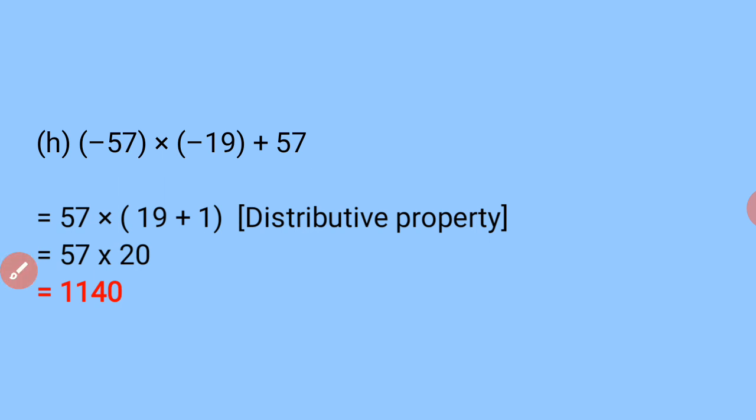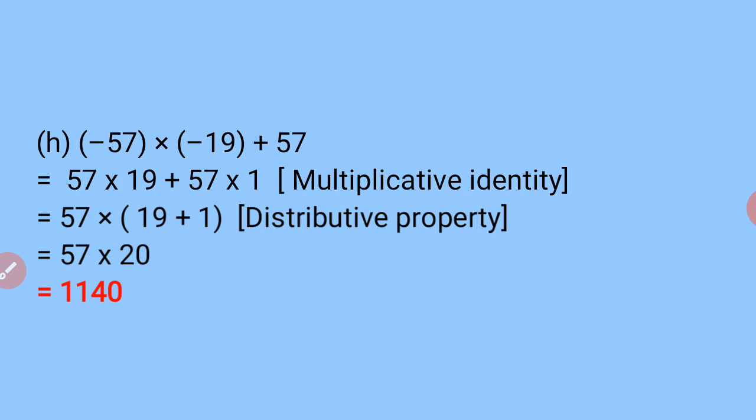So let us focus on the first term. Minus 57 and minus 19 can be written as 57 multiplied by 19, or the other way you can say two negatives multiplied together will give you all positive. So we have written it as 57 multiplied by 19.